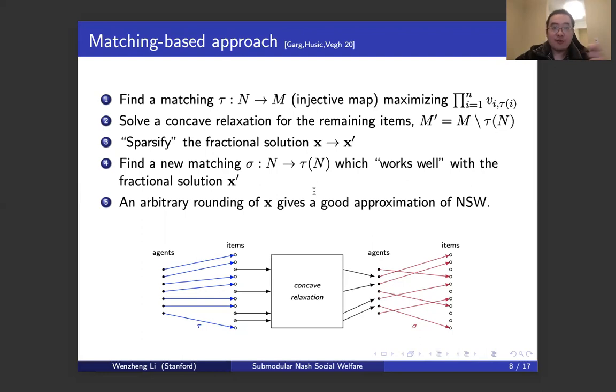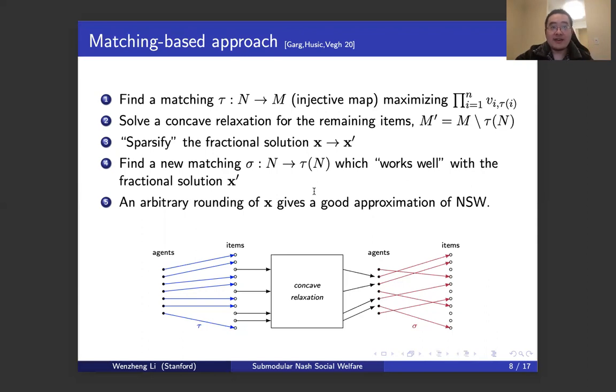This is a fractional assignment, replacing every valuation function by its concave extension. After the first two steps, it's very natural to think we then need to round the fractional solution, right?